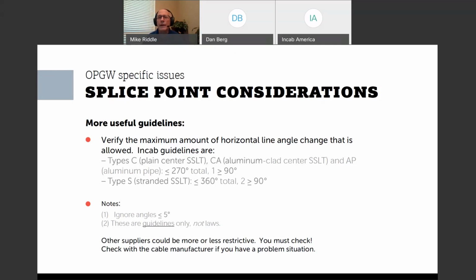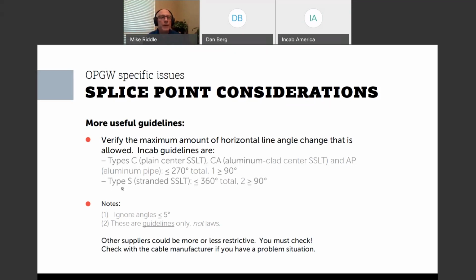And that cable, or an aluminum pipe type cable with plastic buffer tubes, what that other supplier calls Alumicore, we limit that to 270 degrees total line angle change. So if you got 5 angles and they're 40 degrees each, that's 200 degrees total, you're okay. Of these angles, one of which can be greater than 90 degrees.